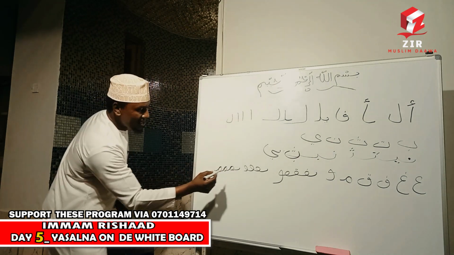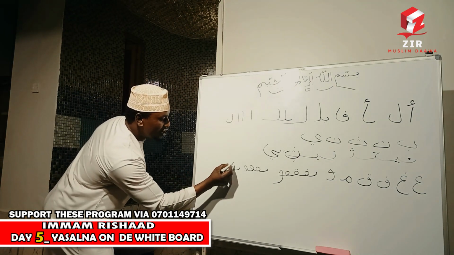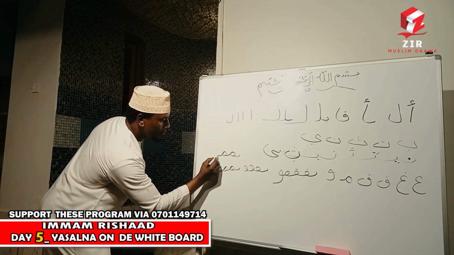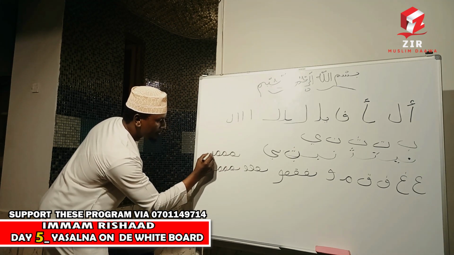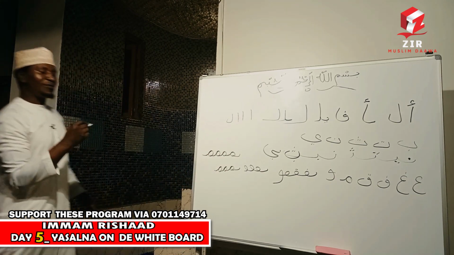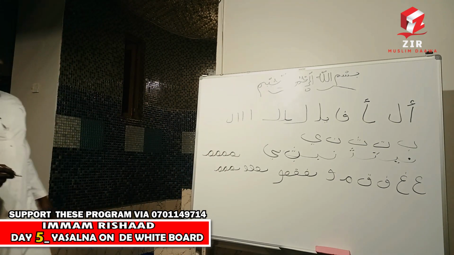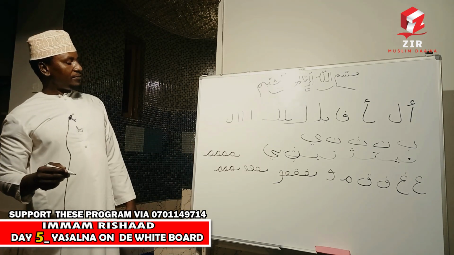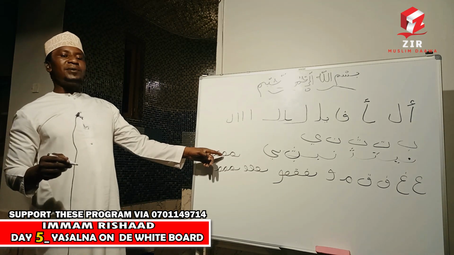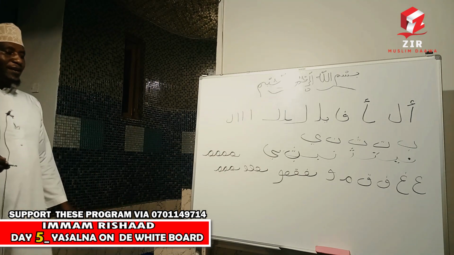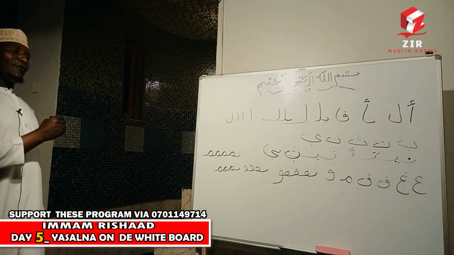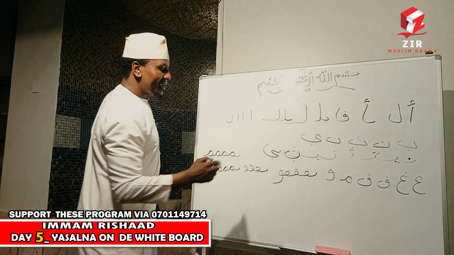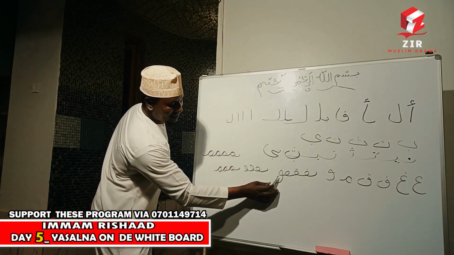Mim has to be changed. I think you are watching how it goes. So, you will not find any dot here, but that one will be a mim. For waw, it will be a zero like this.